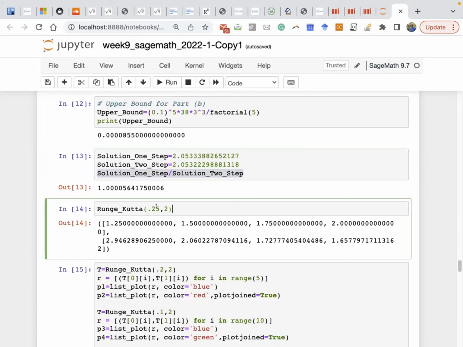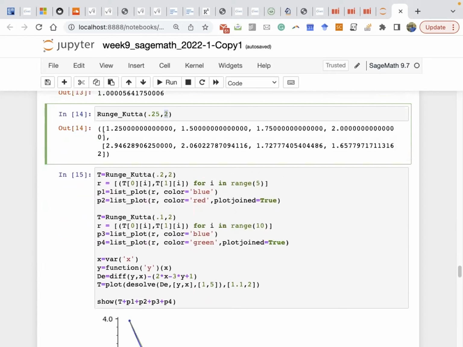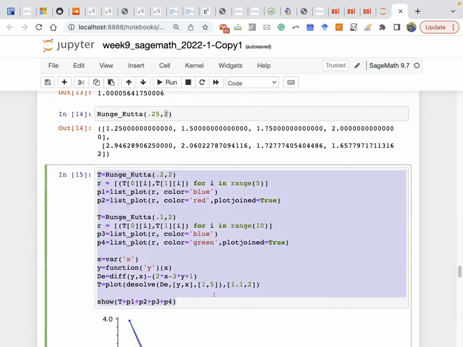If I do it like 25, the last one is not working very well. But okay, it's okay, because instead of y of 1.5, I tried to use y of 2. Anyway, I can try to use Runge-Kutta again for that.